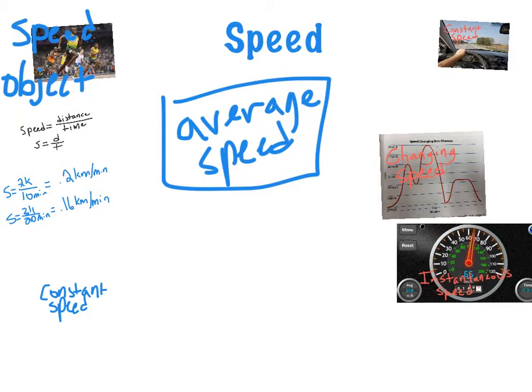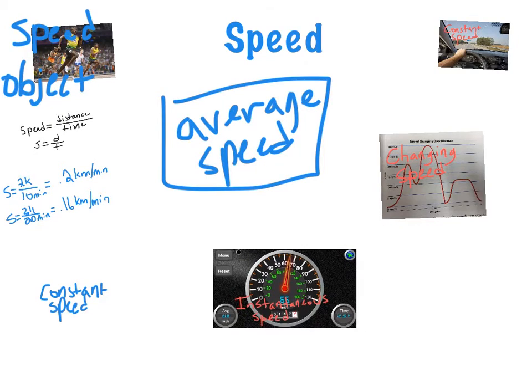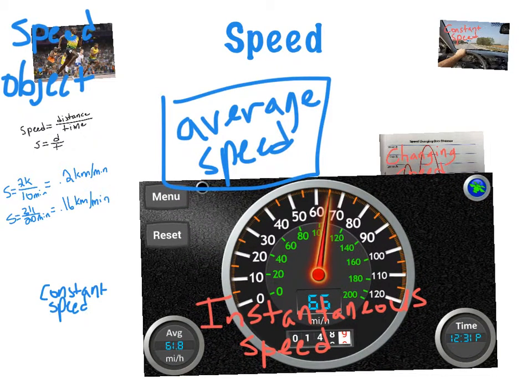The very last one that you have on here is letter E, and letter E says that instantaneous speed is what your car is going at one instant when you look at the speedometer.